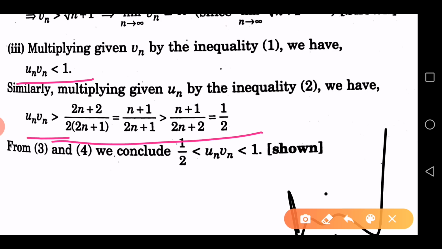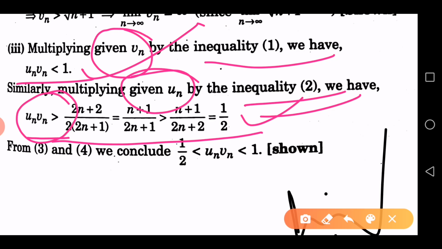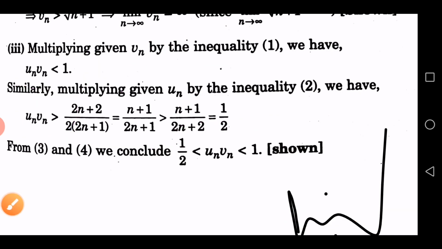So un Vn less than 1 was obtained by multiplying given Vn by obtained inequality 1, and un Vn is greater than half is obtained by multiplying given un by the obtained inequality 2. So combining these two relations, we have half less than un Vn less than 1. So all the three parts are proved here.